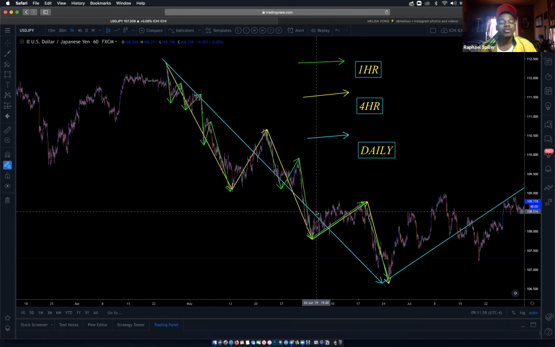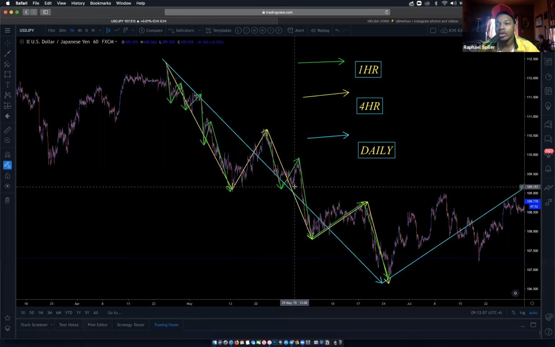So on the daily, you have to pick how you want to trade. You have to know what type of trader you are, right? When you say broken, you mean close below, above or below? Correct. So you have to pick your poison. You have to know what exactly or how exactly you want to trade.